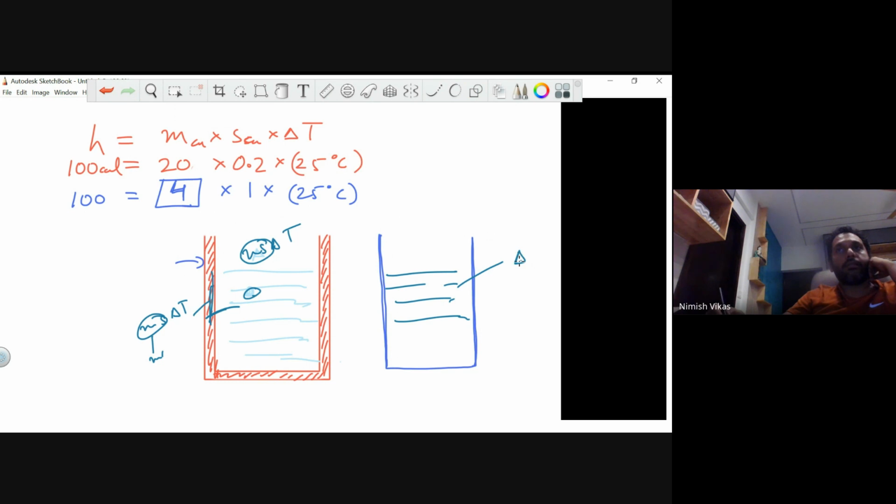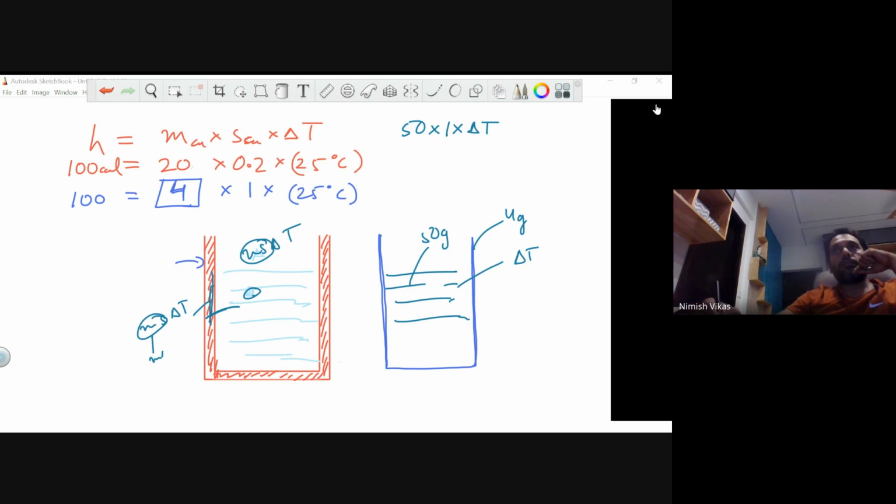So temperature is changing by delta T. This water equivalent is say 4 grams and the water inside is suppose 50 grams. So instead of doing it in two parts, 50 into 1 into delta T plus copper, 20 into 0.2 into delta T, we do it in a single go as 50 into 1 into delta T plus 4 into 1 into delta T. You yourself said the number 4.